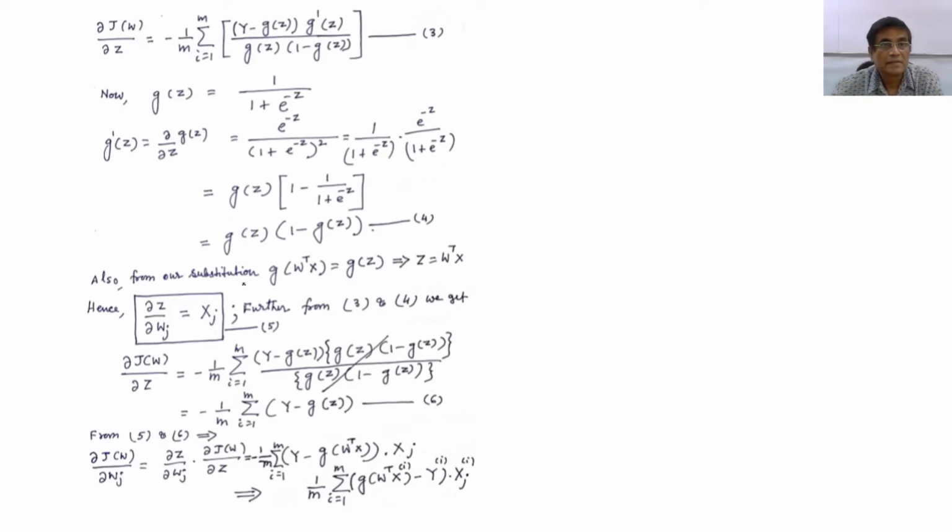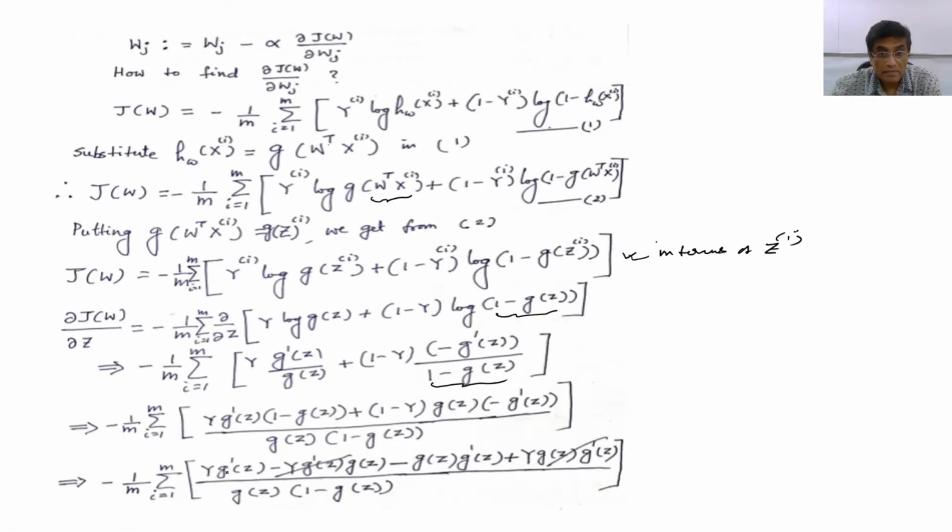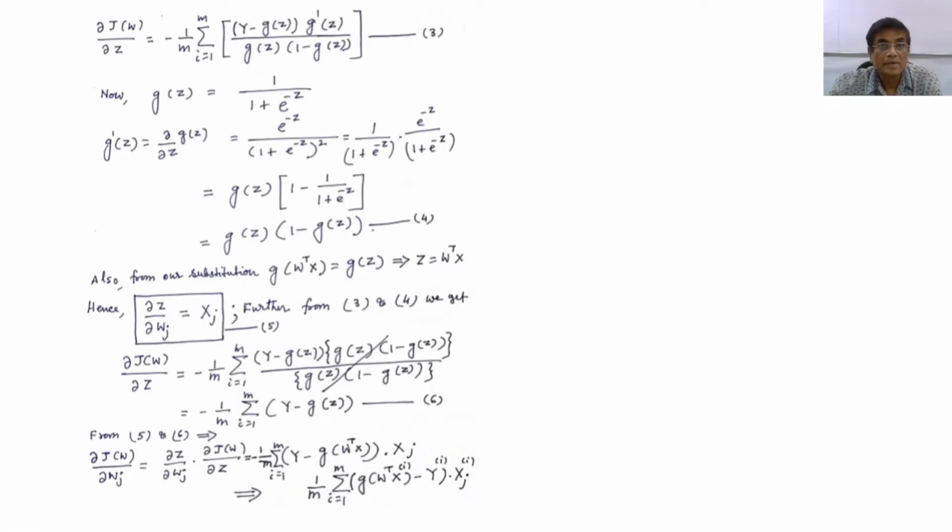Then further, differentiating this. I am just picking up these two terms, and I am taking common g prime z. Now this is very interesting. g(z) is a logistic function, 1 by 1 plus e to the power minus z.